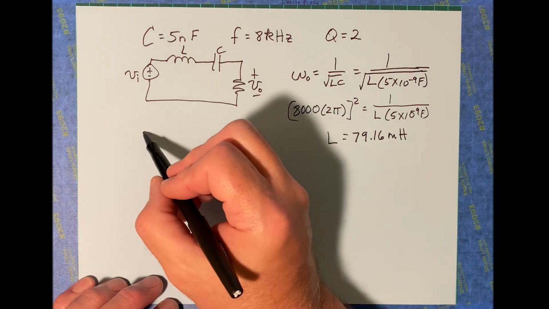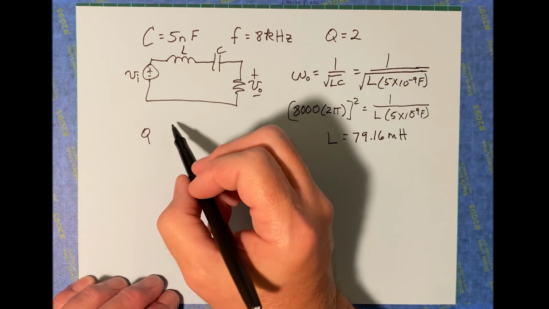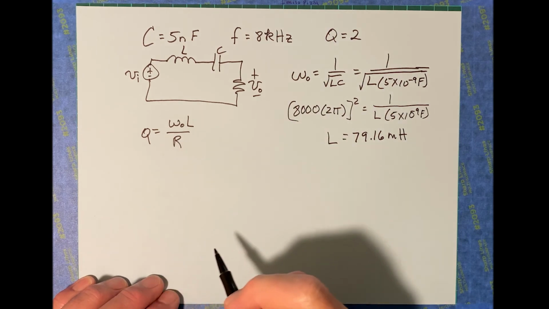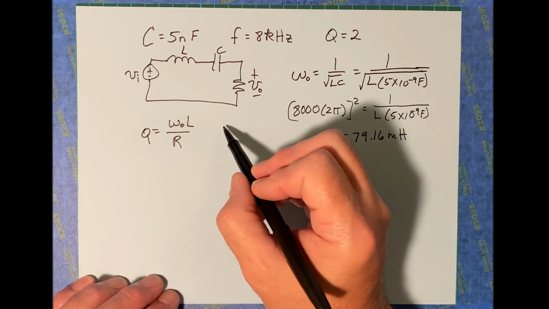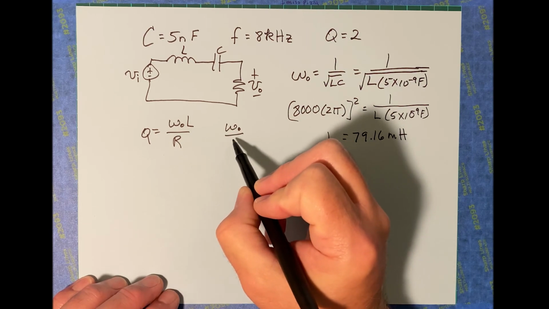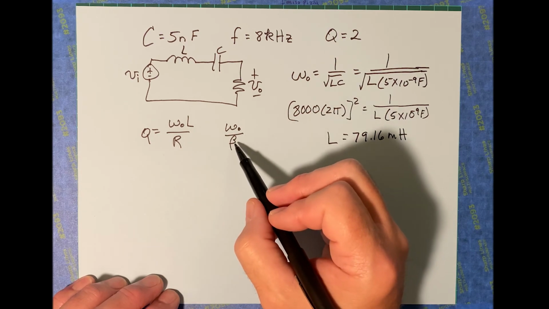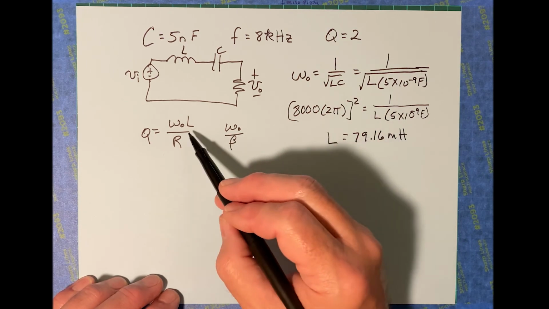Q is filter quality here, and that is omega naught L over R. Okay, where did that come from? From omega naught over beta, and beta is R over L, so that's where that came from.